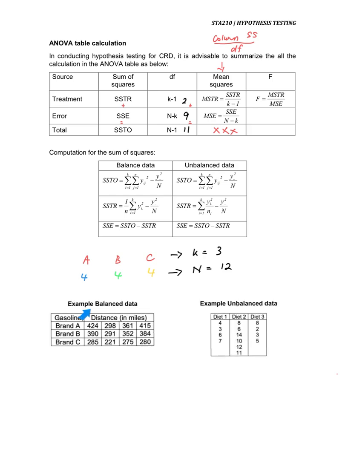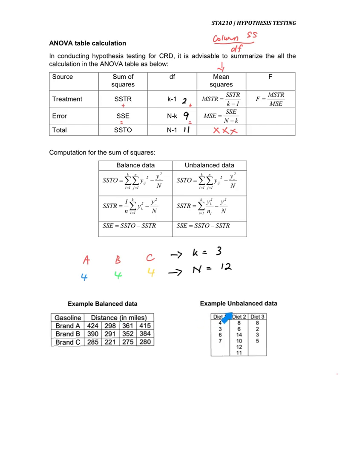This is an example of balanced data. Let's say we have 3 types of gasoline, brand A, brand B, and brand C. We want to observe whether there is a difference in the distance achieved by these 3 brands. What we record here is the distance in miles.